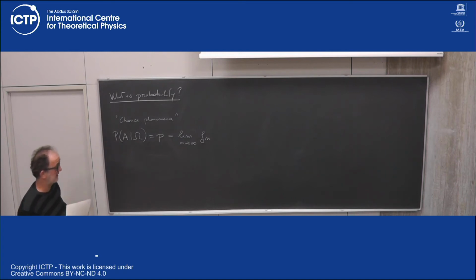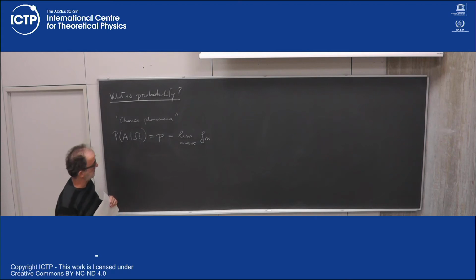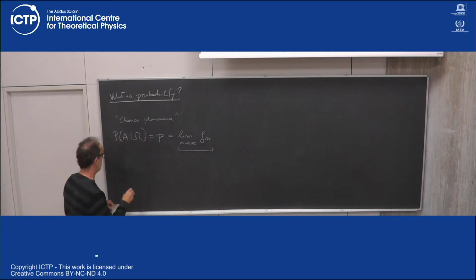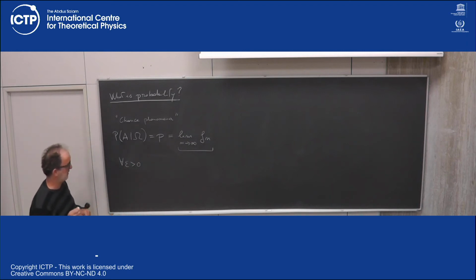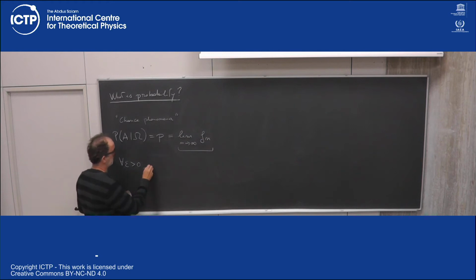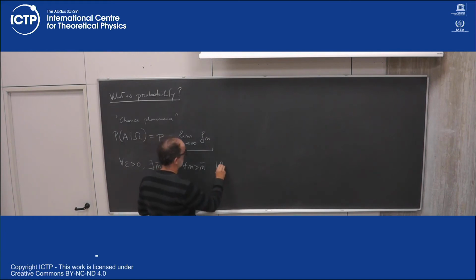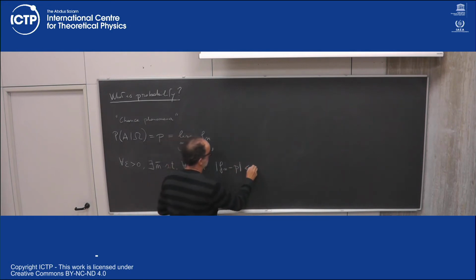Okay, so this is not a reasonable definition of probability because of the following fact, that if you really look at what mathematically this statement means, it means that for any however small number epsilon, there must be an n bar such that for any n larger than n bar, the deviation of the frequency from its limit, which should be p, should be less than epsilon.